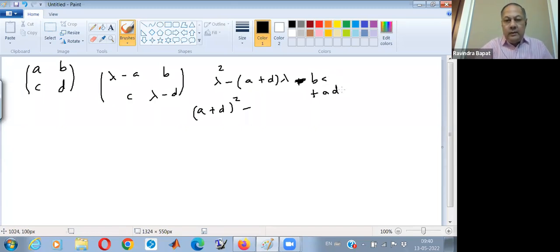Okay, so we will just calculate the discriminant, and then try to show that the discriminant is non-negative.